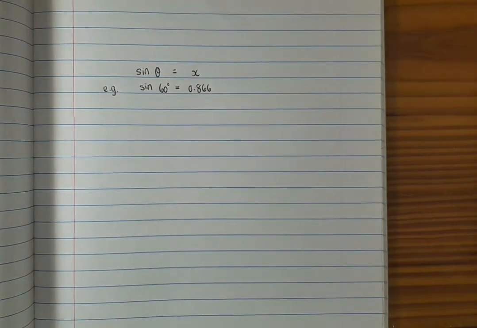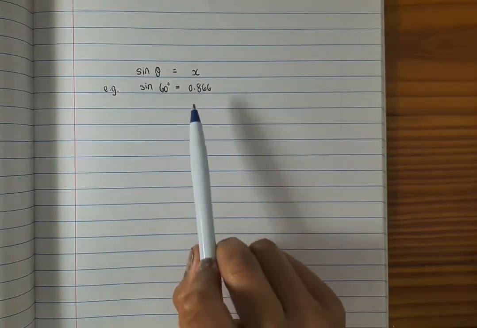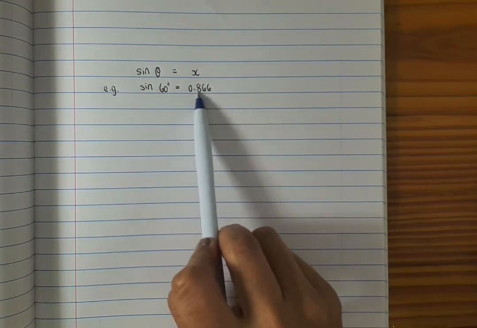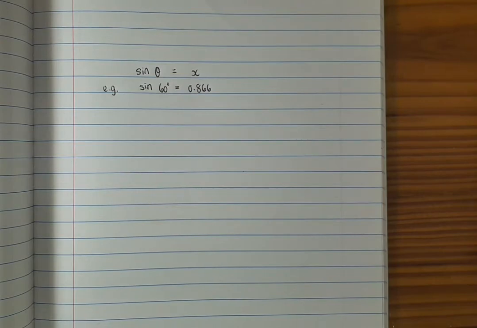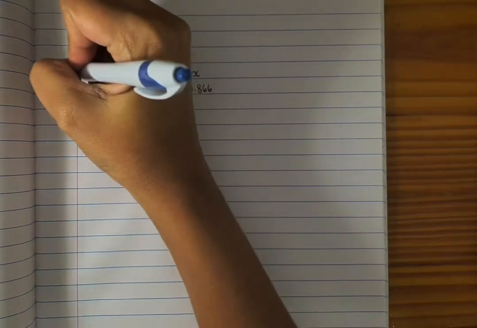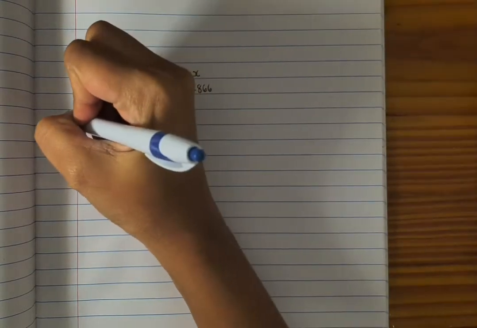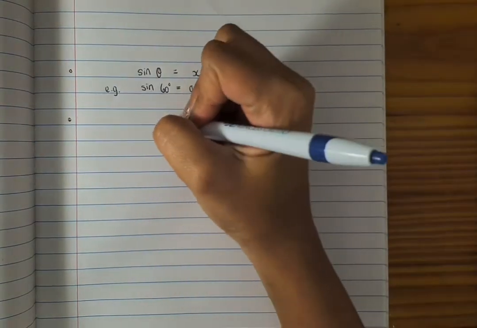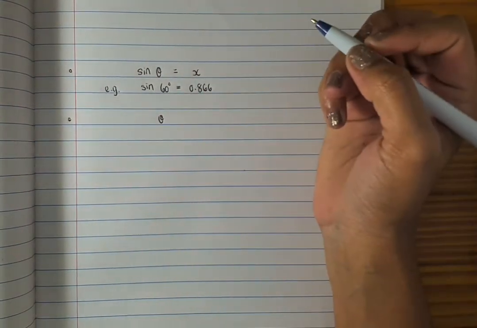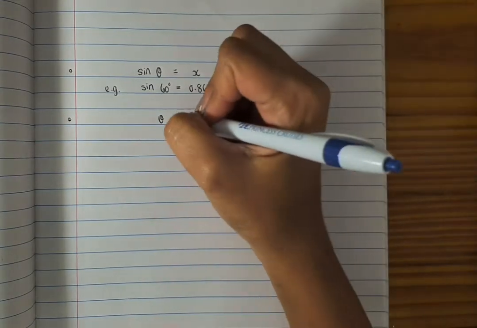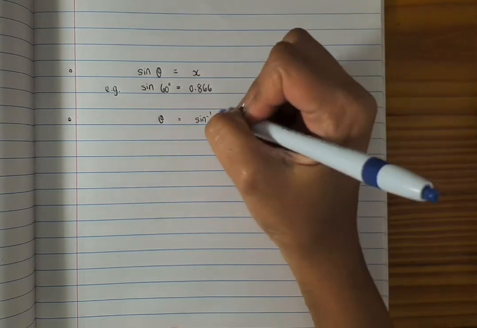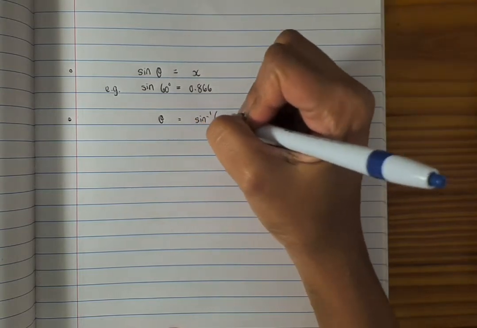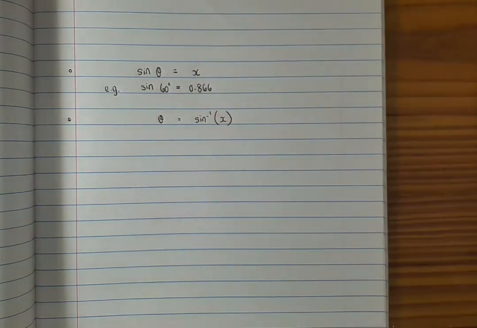Now, what if I have the value, but I don't have the angle, and I want to find the angle? So in that case, if I want to find theta, which is the angle, what I need to do is find sine inverse of the numerical value.